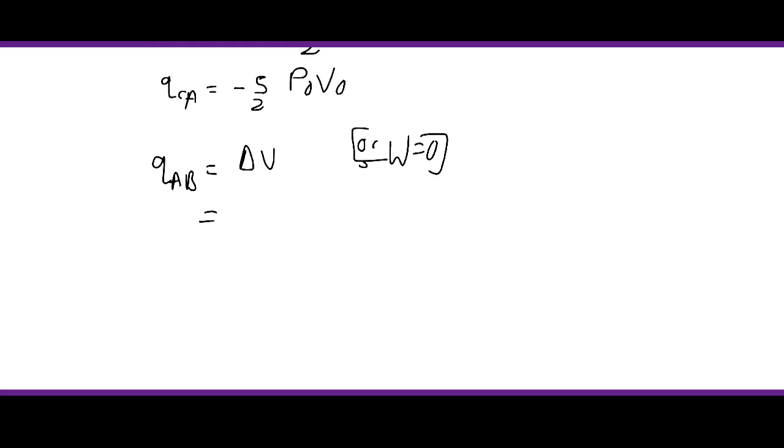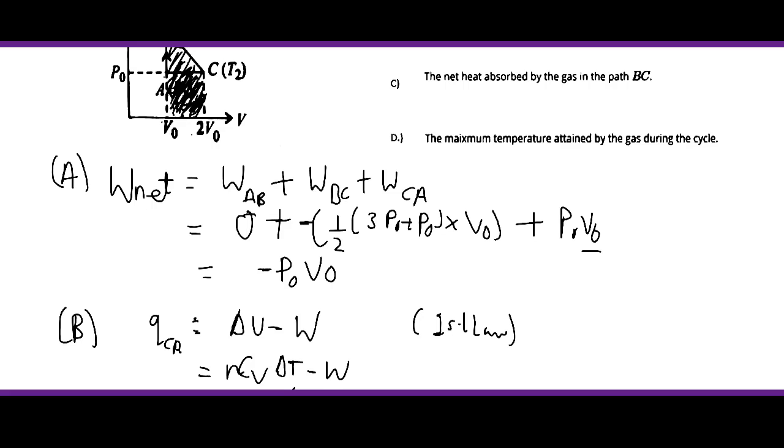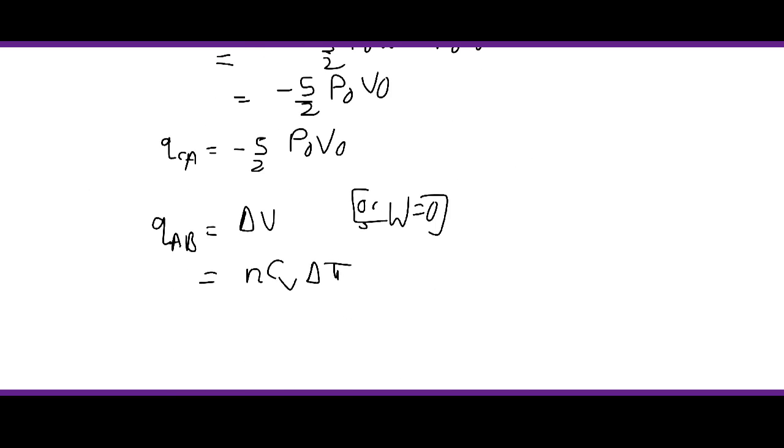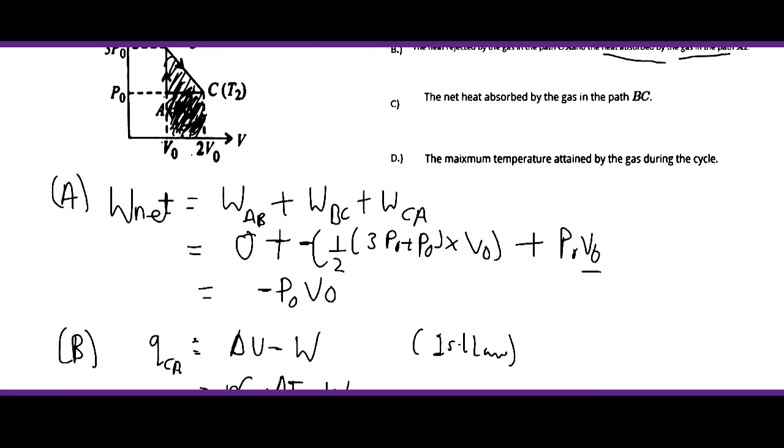And delta U is nCv times the change in temperature. As we move from A to B, temperature varies from T1 to T2. So n is 1, Cv is 3 by 2 R for a monoatomic ideal gas, and delta T is T1 minus T2. And at temperature T1, the pressure is P0 and the volume is V0.